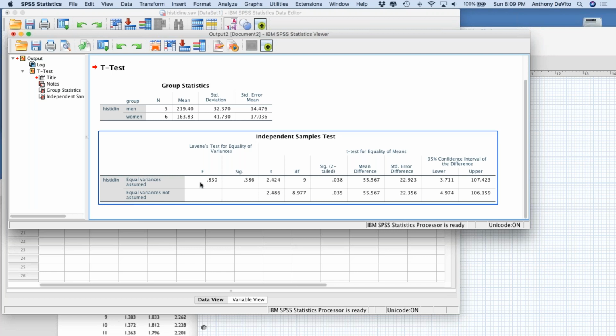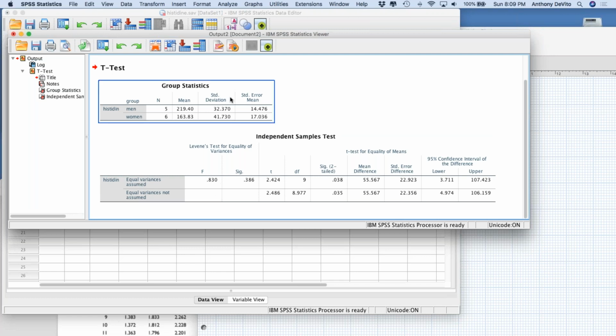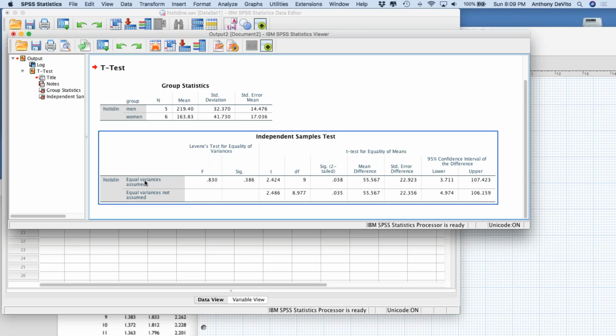So if I look across here, based on what my conclusions were, I would use the top row here, right? And the top row would tell me my t-value was 2.42. Now, when we pool these standard deviations, we get our degrees of freedom from the sample size of group 1 plus the sample size of group 2 minus 2. Okay, there were 5 men and there were 6 women, so that would be 11.